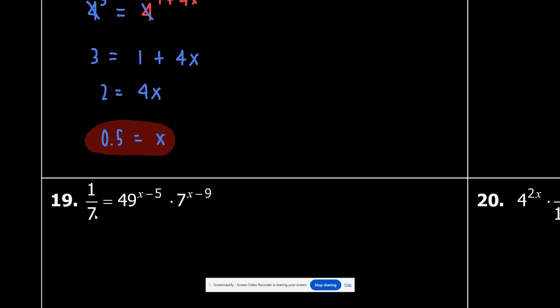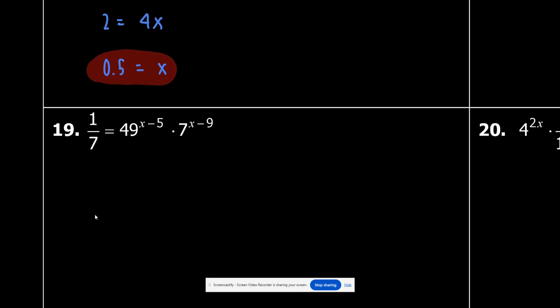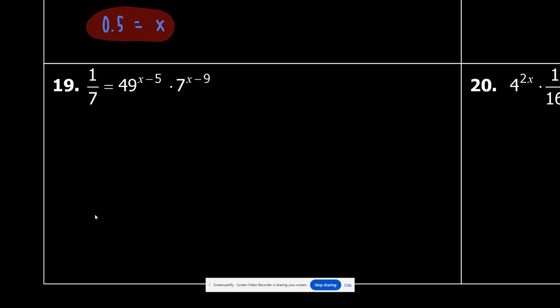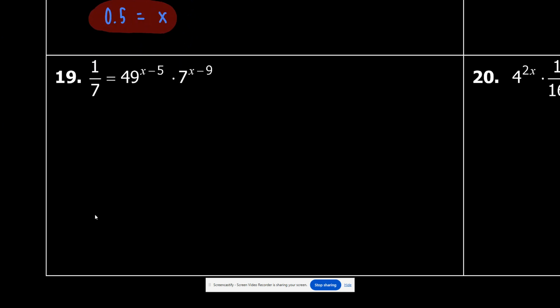Okay? All right, number 19 kind of combines several things, so hang on with me on this one. First of all, I hope that you recognize that there are 2 things on this right side, but they're not the same base. But with 49 and 7, hopefully you see that you can get those to the same base, and that base is 7. Now, let's look over here to the left side.